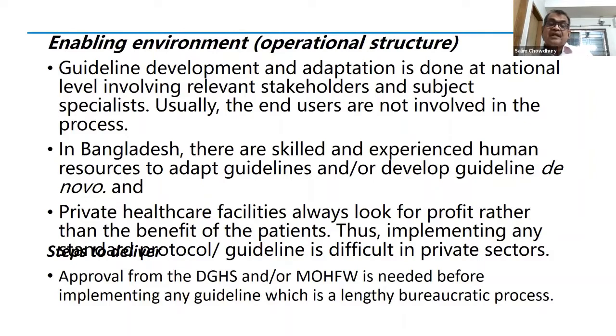The more challenging issue is that in developing, adopting, or implementing guidelines, there are some organizations in the private sector that look for profit rather than the benefit of patients. So implementing any standard protocol or guideline is difficult in the private sector.